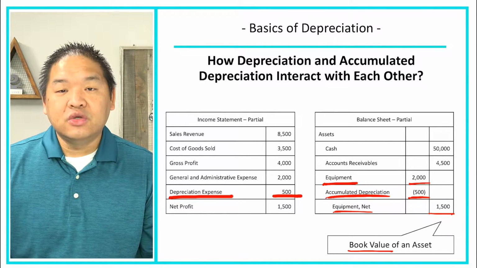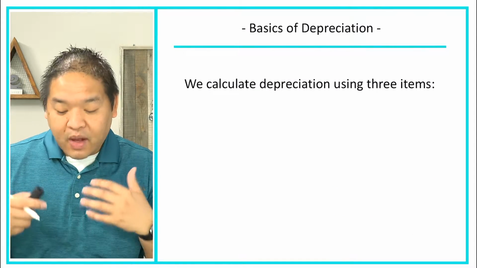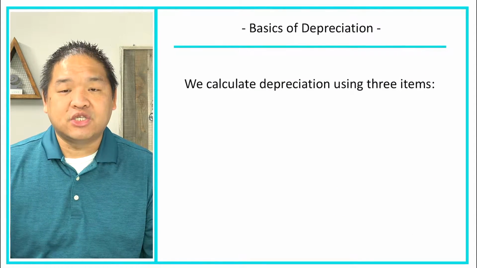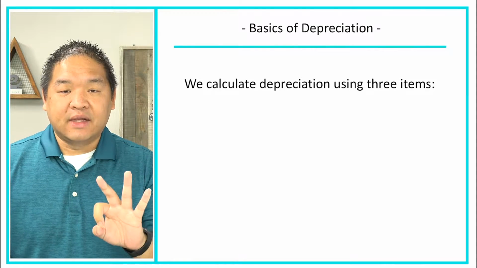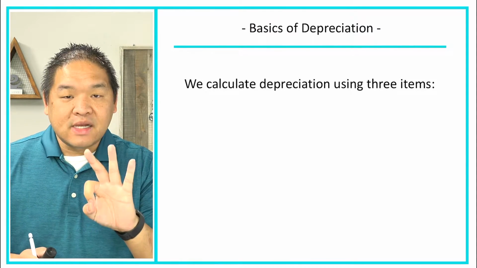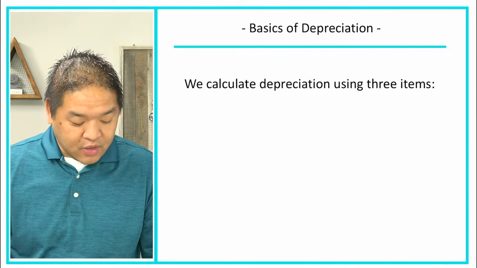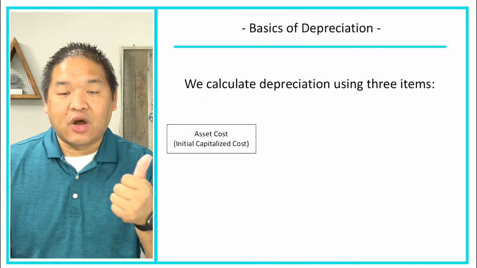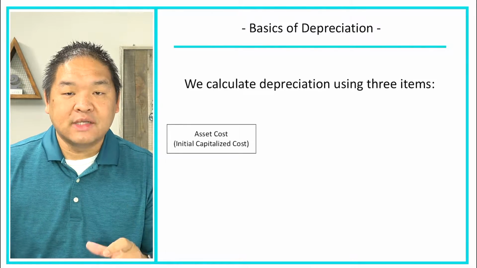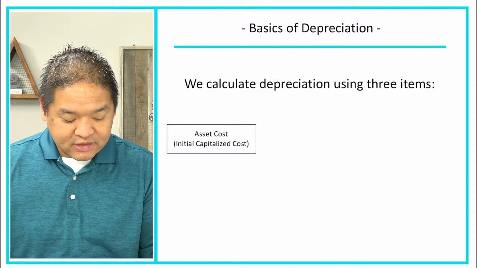Now, we can then think about how we depreciate. Well, we calculate depreciation using 3 items, and we won't use them all the time, but we need 3 items in order to depreciate any item from our books. So the 3 things would be the asset's cost, which is the initial capitalized cost, which we calculated in the previous couple of lessons.